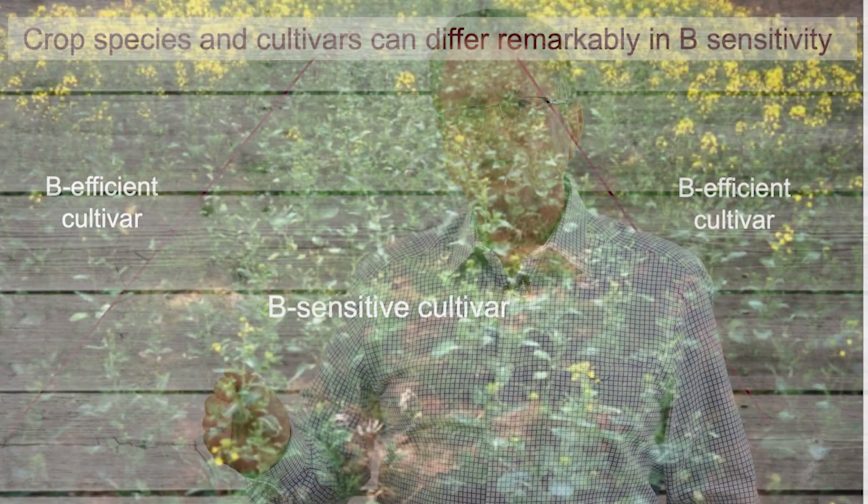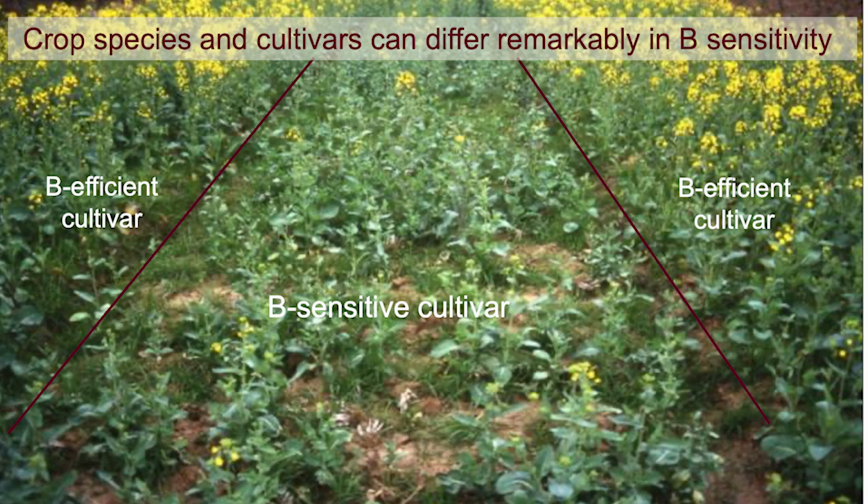The complexity of boron also goes a little bit further. On the previous slide, I showed you how crops differ in their sensitivity. But even within a species, in this case canola, different cultivars respond very differently. Now, boron deficiency is a very major problem in China. Canola is a large crop in China, and for many, many years, it was found to be very difficult to grow canola in China because the cultivars they had were hypersensitive.